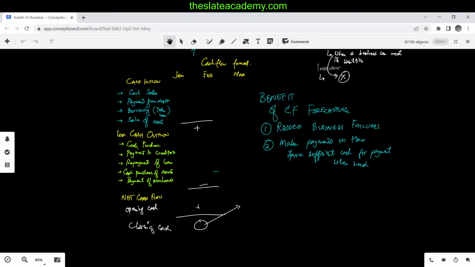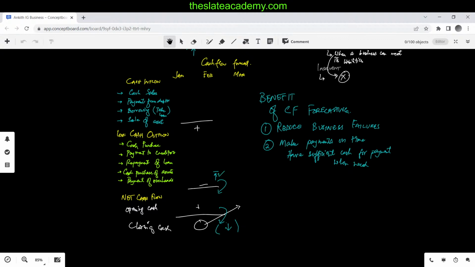That would tell me how it would leave me with the net cash flow position, and how it would leave me with the closing cash position. Would that result in a negative closing cash balance? If because of this particular outflow I'm ending up with a negative cash balance over here, it means this needs attention.